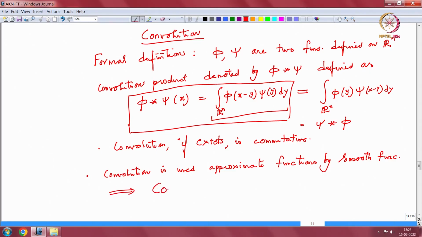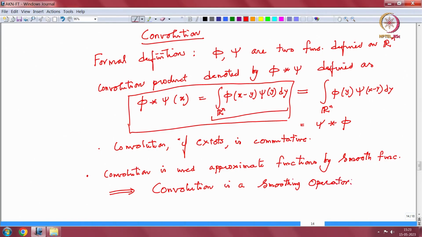You will see that convolution is a smoothing operator. That means you can convolve an irregular function.